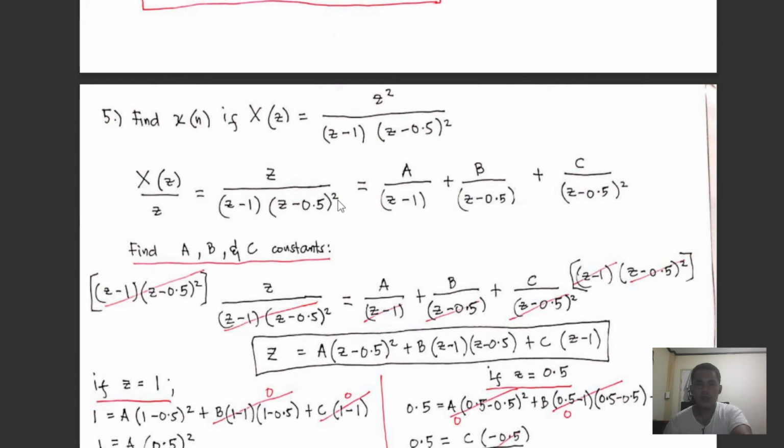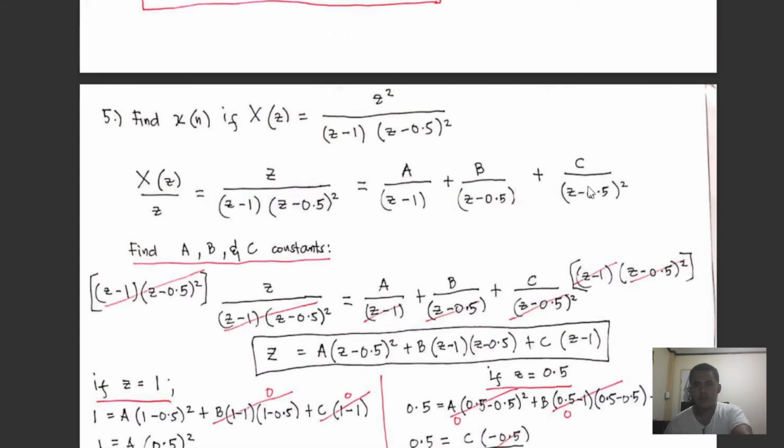This also divides by z, so from z squared, this becomes z. Then we need to do the partial fraction. This has repeating roots, so we need to decompose this and we add here c.